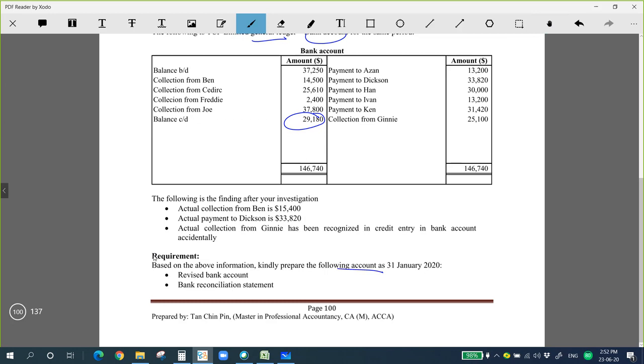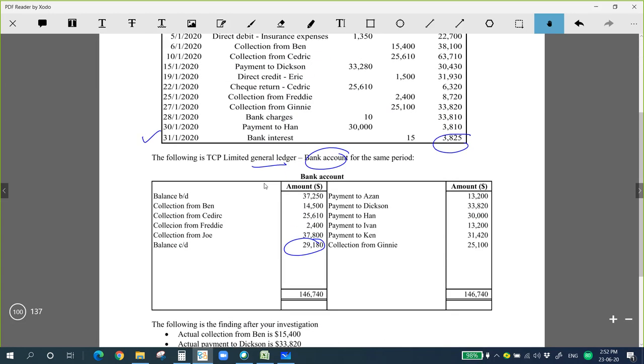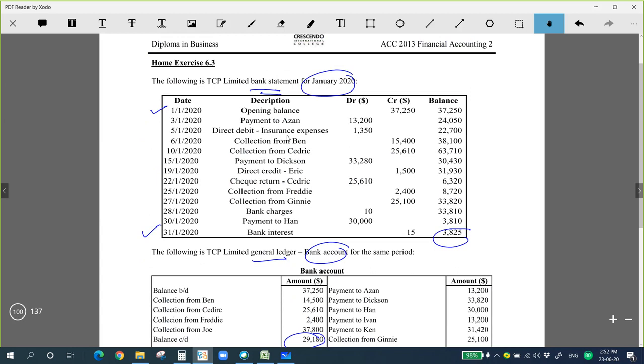As at 31st January 2020, we are required to prepare revised bank account and bank reconciliation statement. Before we start this exercise, let me give you some introduction on the bank reconciliation statement, because you may not so understand through my video. So take this opportunity to understand this again.